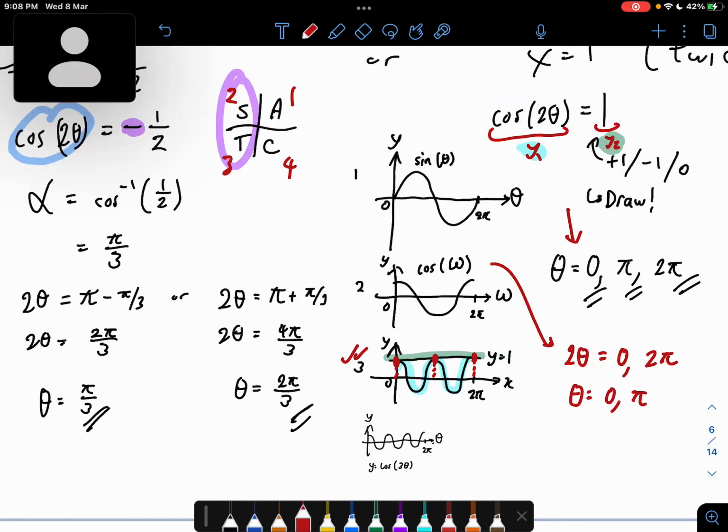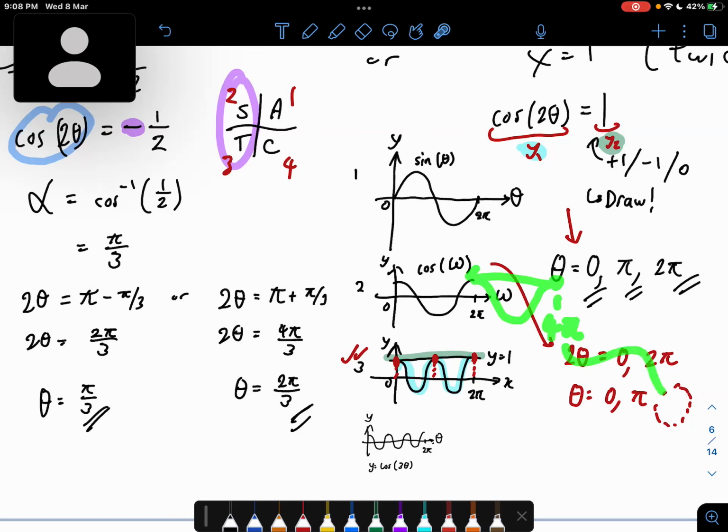Oh, it doesn't work. What's wrong? What's missing? You needed to draw an extra copy of this to know that there's another 4 pi intersection.